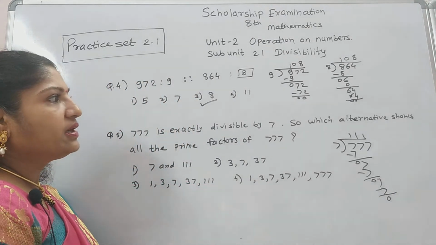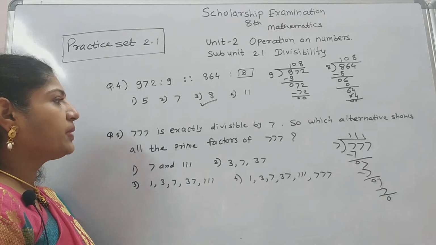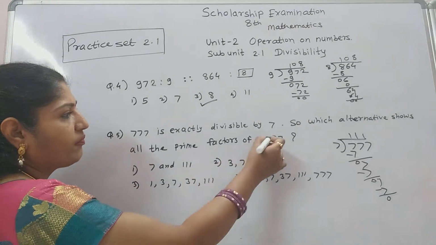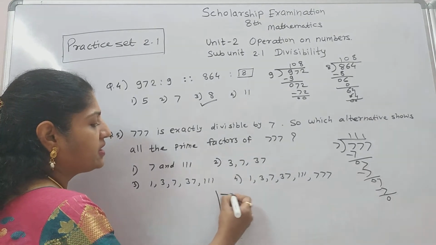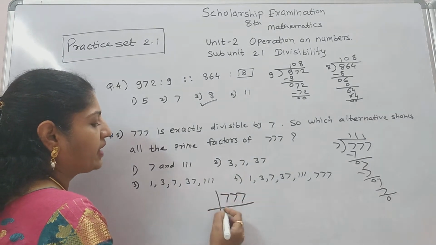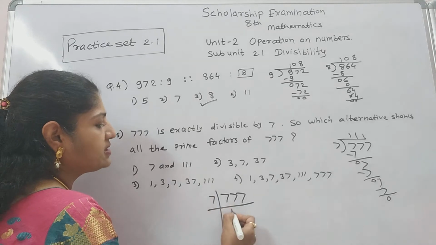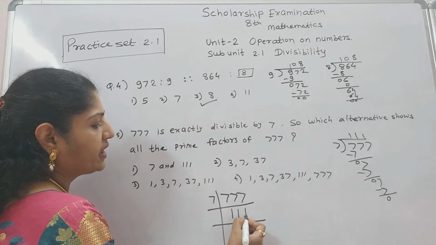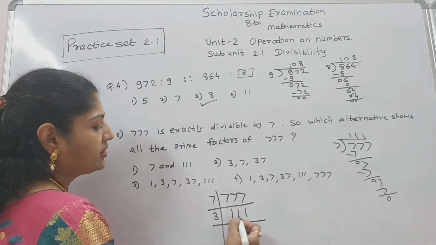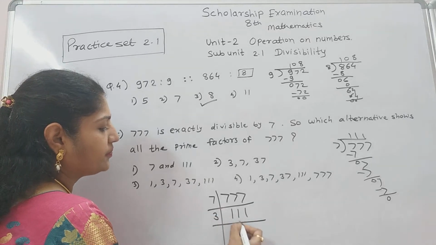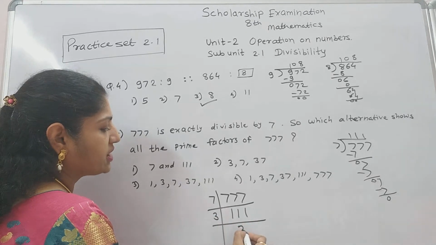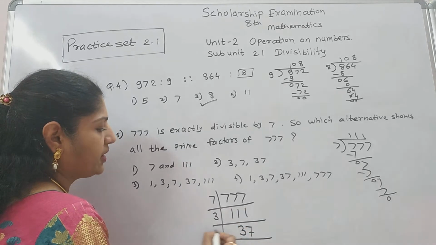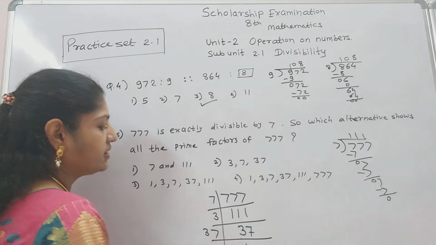So which alternative shows all the prime factors of 777? I find the factors. It is divisible by 7. The answer is 111. It is also divisible by 3. 3 3s are 9. 3 7s are 21. And 37 ones are 37.